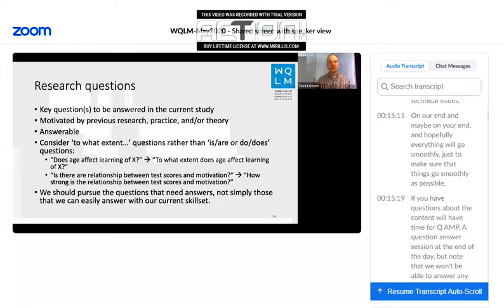And that can feel discouraging, but remember, if it's a question that needs an answer, then it's probably worth the effort to try to develop the skills in order to answer it, or to find a collaborator who can join the project and bring additional skills.